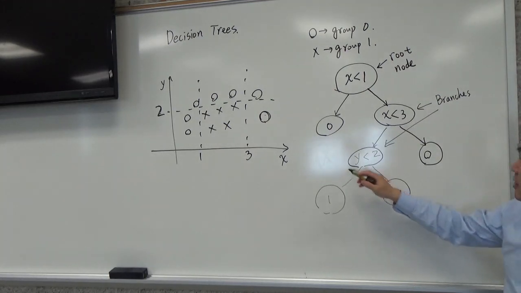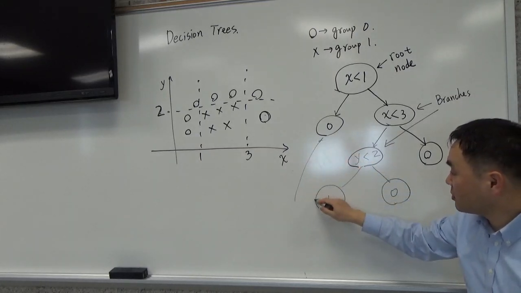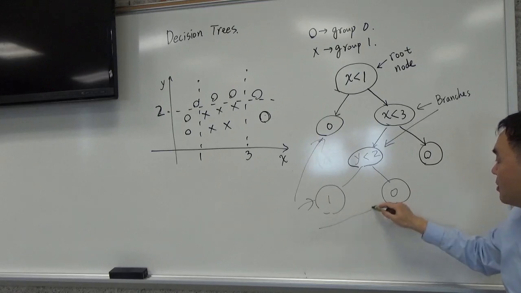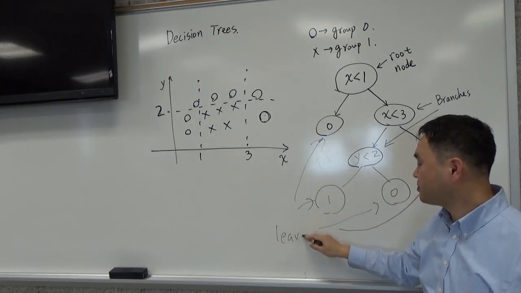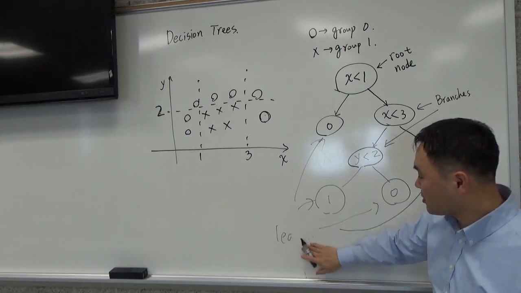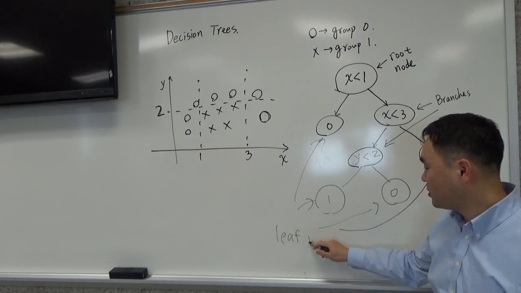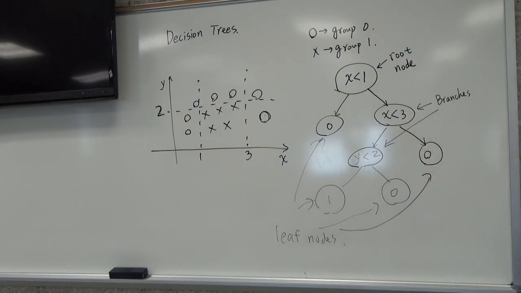And then the last one, these are called leaves, or leaf nodes. I guess that's like leaf nodes. So leaf nodes are where you end up with a conclusion, right?